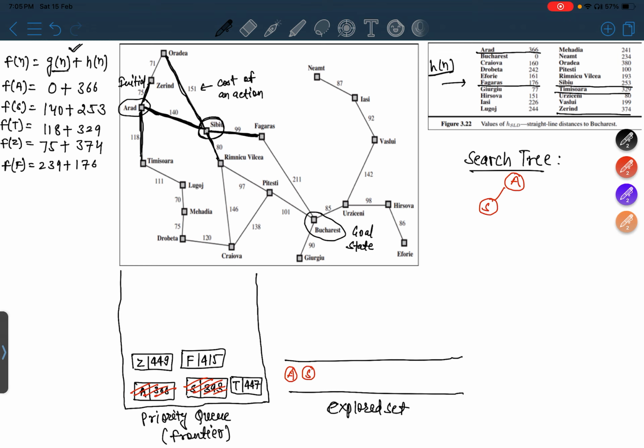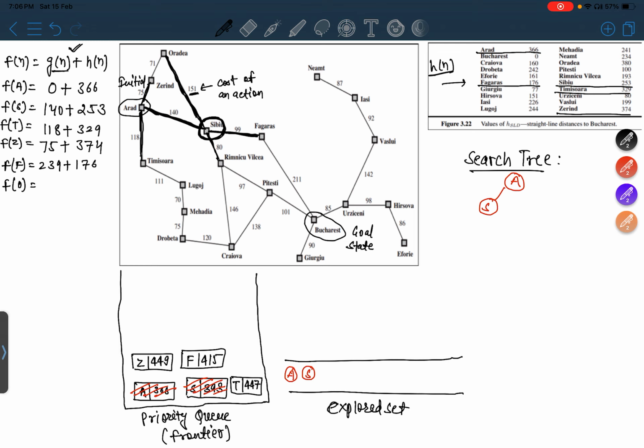Right? Similarly, what about o? तो f of o, तो o की cost क्या होगी? Cost till s, तो g of s प्लस इस एक्शन की कॉस्ट जितनी है. तो g of s कितनी है? 140 प्लस इस एक्शन की कॉस्ट कितनी है? 151. So this will be 140 plus 151, which is 291.